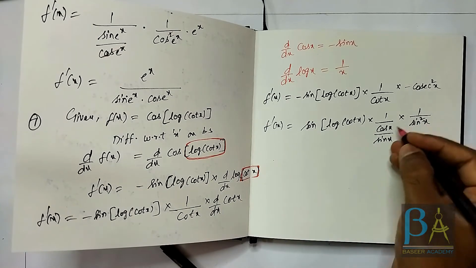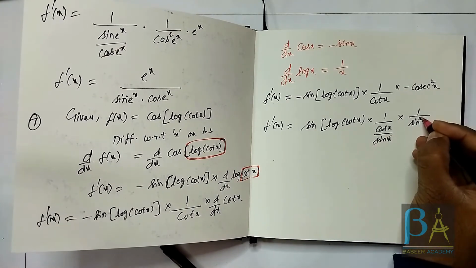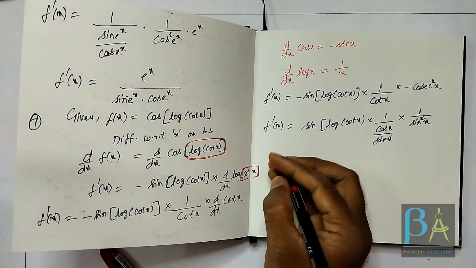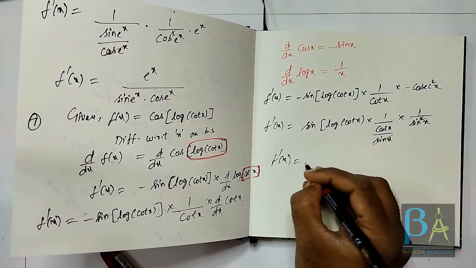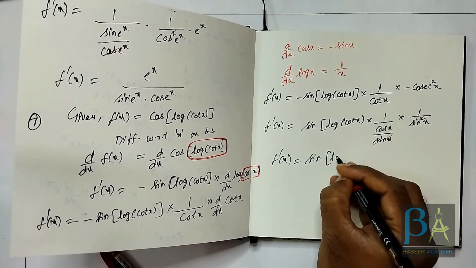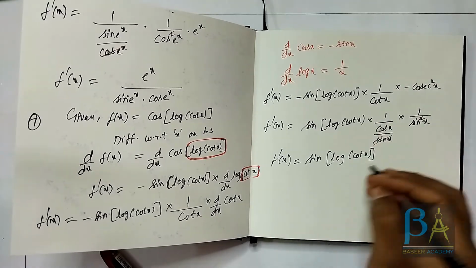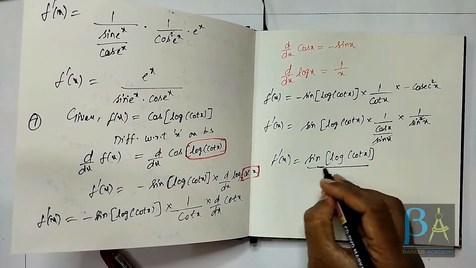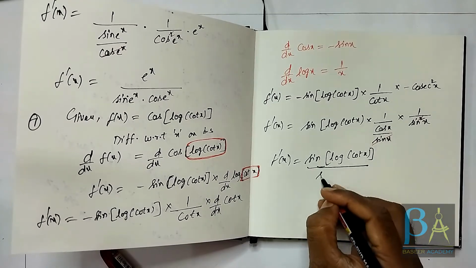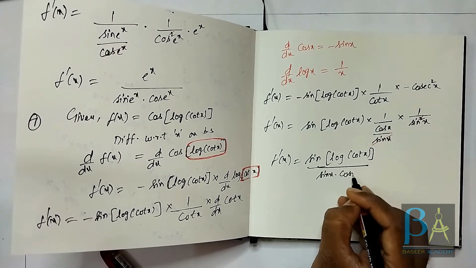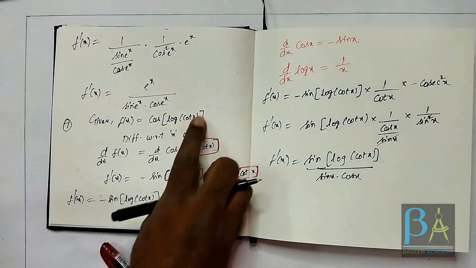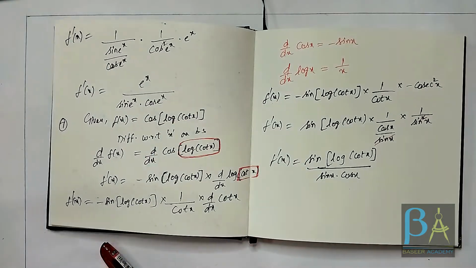Now you can see for yourself this sine x and then this sine x, they cancel out, and eventually you are left with sine log cot x in the numerator, and then in the denominator you are left with sine x cos x. So that's the derivative of cos of log of cot x.